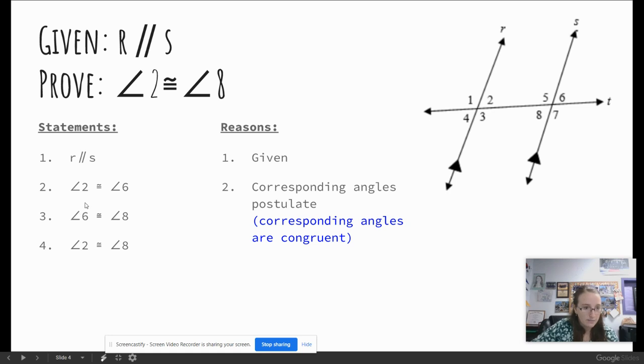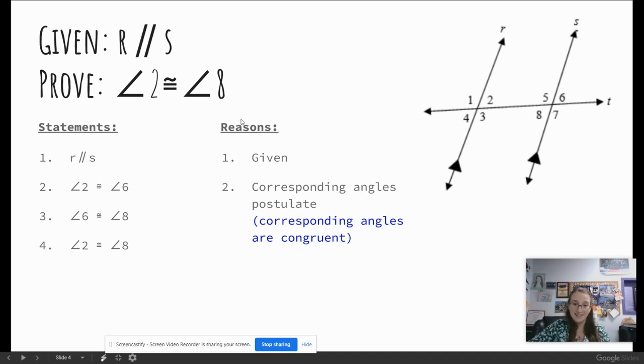Now my next statement is angle 6 is congruent to angle 8. That's what this little symbol means here, same thing as equal. So let's look at angle 6 and angle 8. Here's angle 6 and here's angle 8. You want to ask yourself, why is that true? Why are those two angles equal?